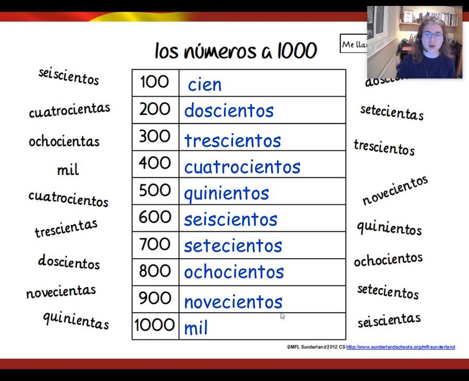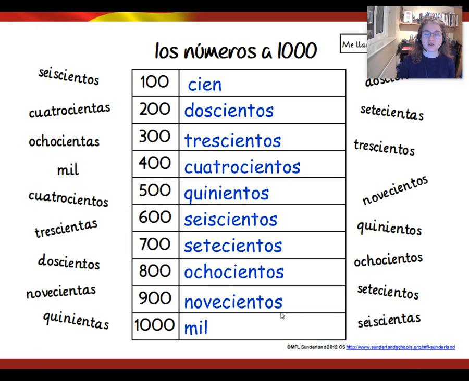So there's all of our hundreds words. Remember when we looked at this in class, we saw that there were actually 2 different forms for each of these hundreds, weren't there? For example, we saw that alongside doscientos, there is also doscientas. Can you remember the difference between those 2 different forms? That's right.